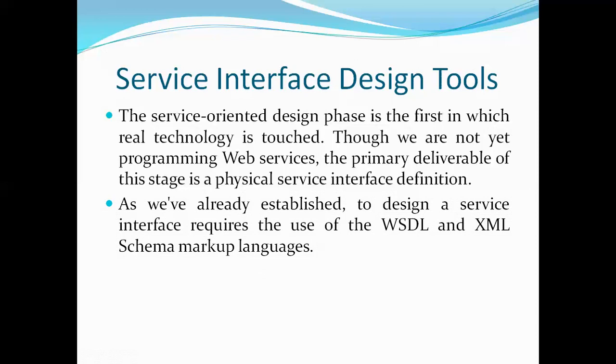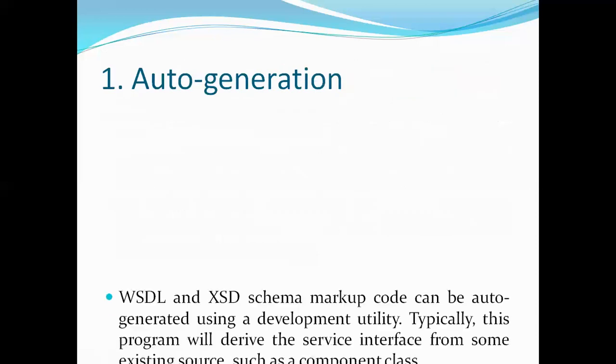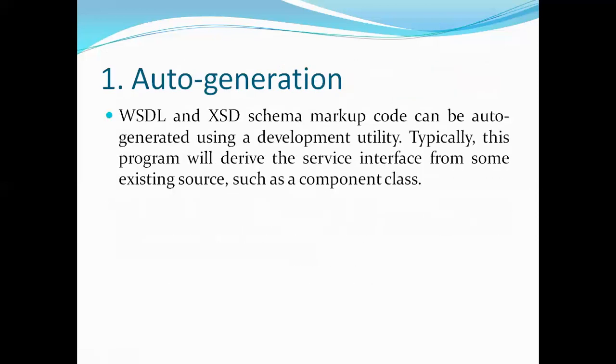So this physical service interface definition document is made up of the visual document and XML schema markup language. Nowadays the technology providers, .NET, Java, PHP, or Python, provide you an auto-generated visual document.